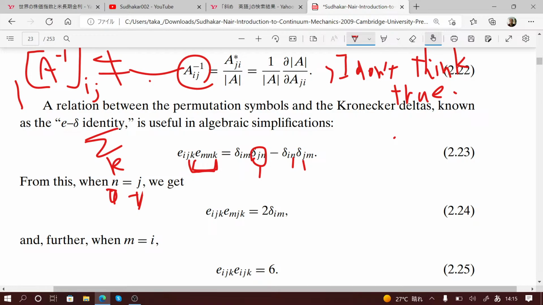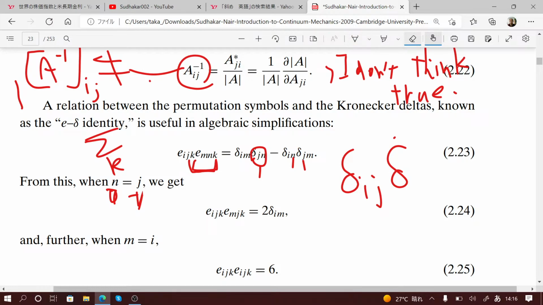Okay, so there was a theorem, no? I'm sorry, I got confused about here.